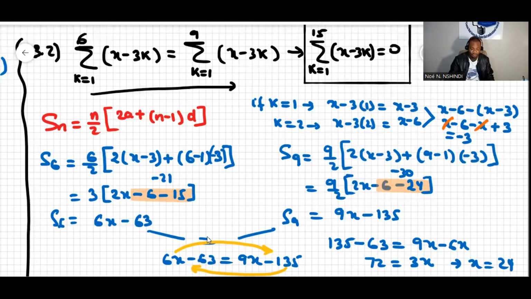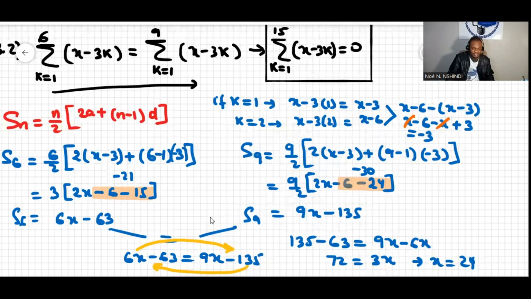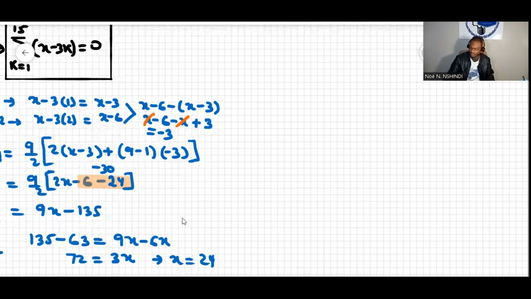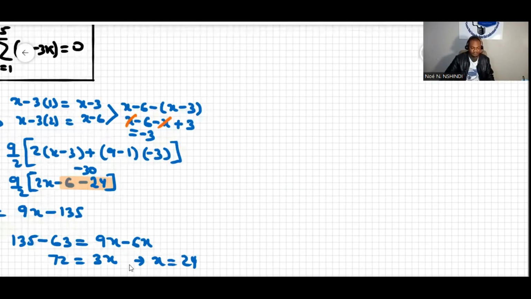Now that we got the value of x, we can check if this sum will be equal to 0. I'm going to move my board like this and split it like here.